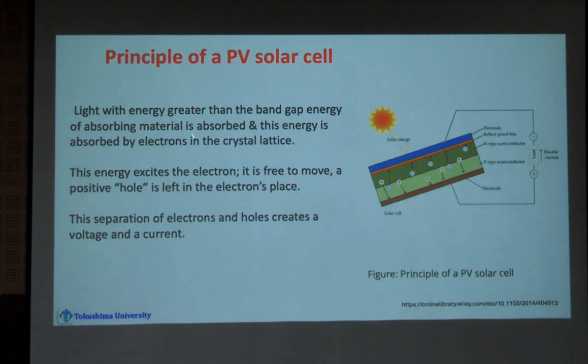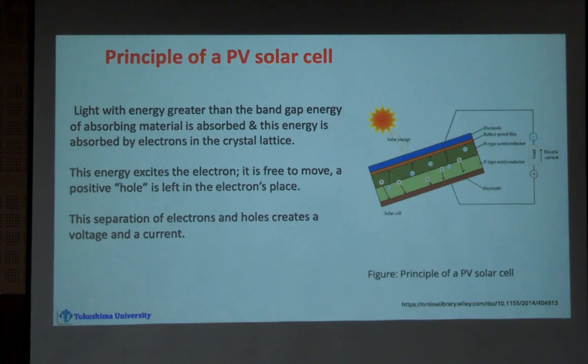The principle of this photovoltaic solar cell deals with light that has certain energy. When this energy is greater than the band gap energy of the absorbing material, this energy is absorbed by the electron in the crystal lattice.